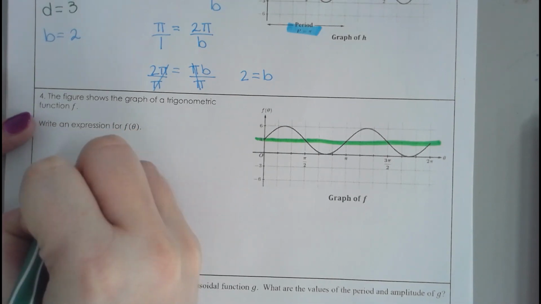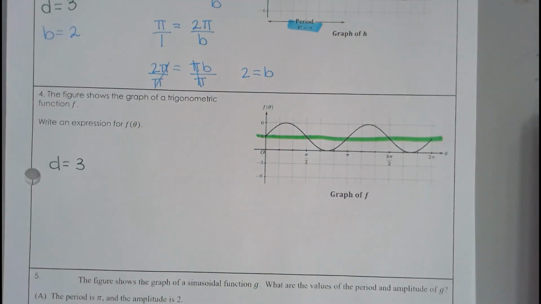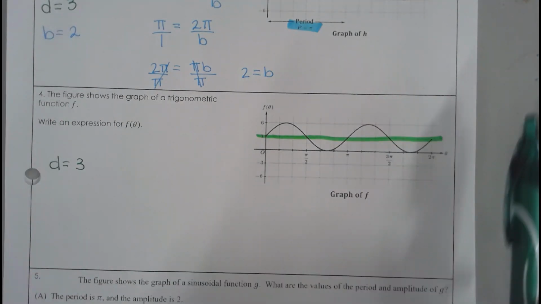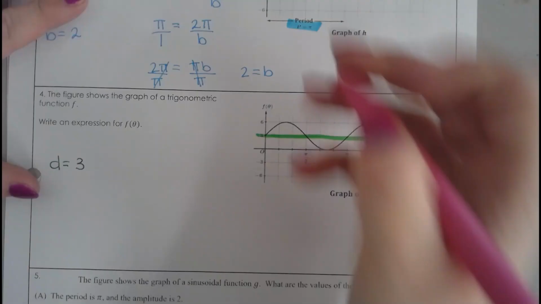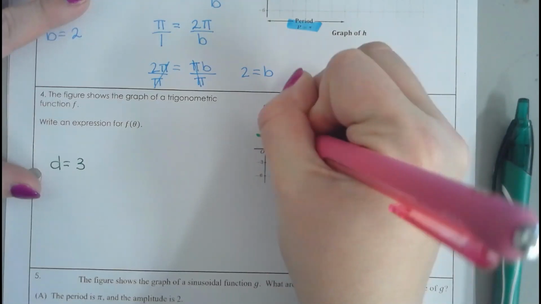So my midline or my vertical shift, the x-axis is your midline, is up 3.